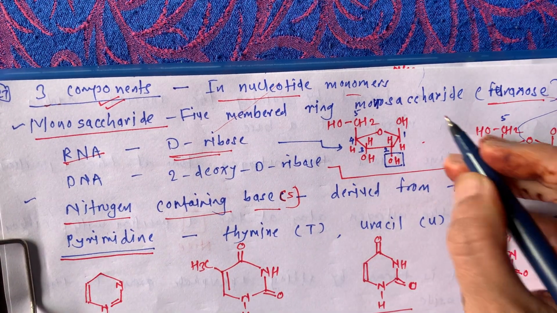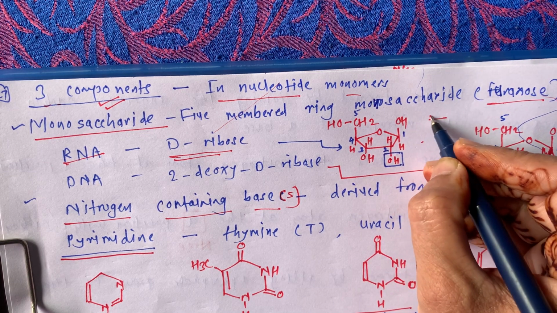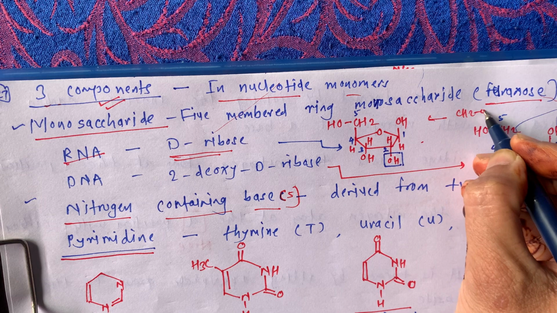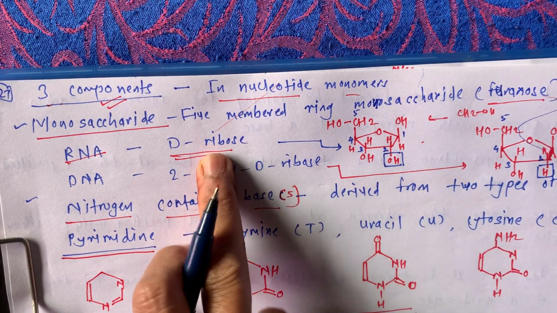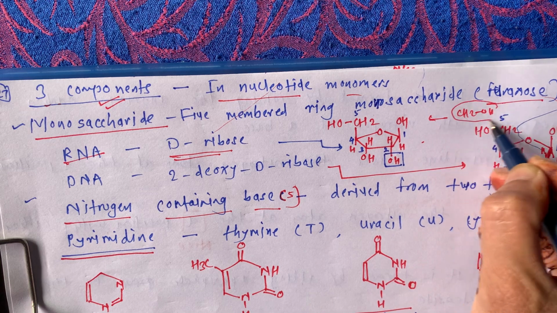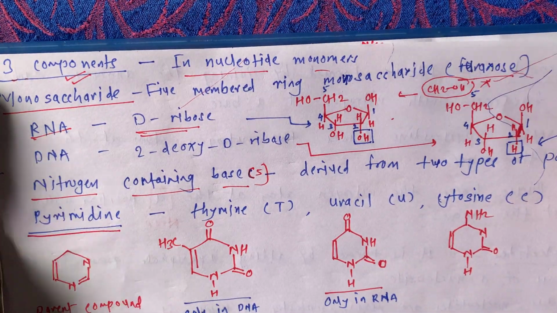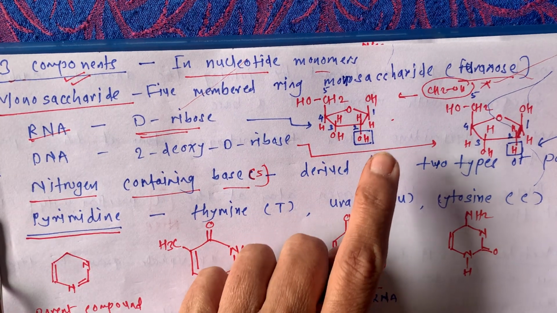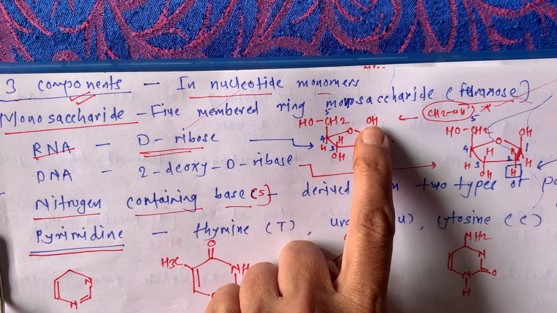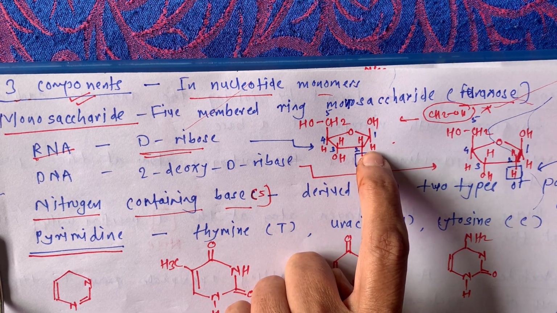In glucose, at this position there is CH2OH, but when we study D-ribose, here it is just OH. It is not present like in the derivatives of glucose. So here it is just OH on the first carbon, not CH2OH, and H is there.